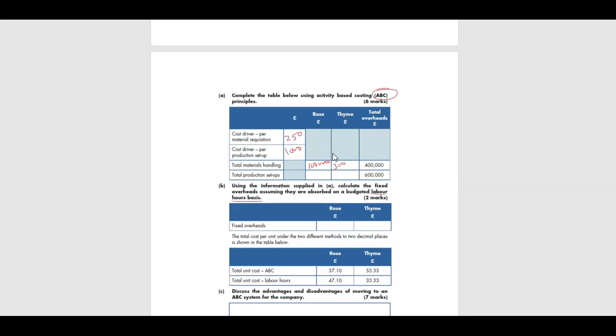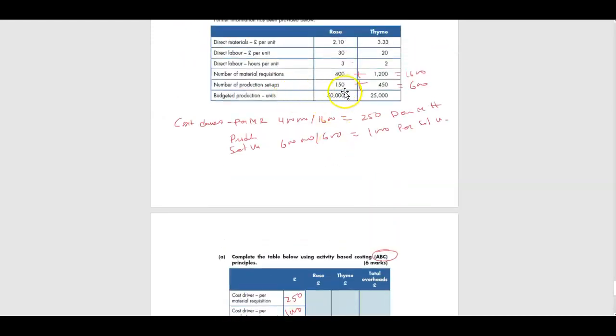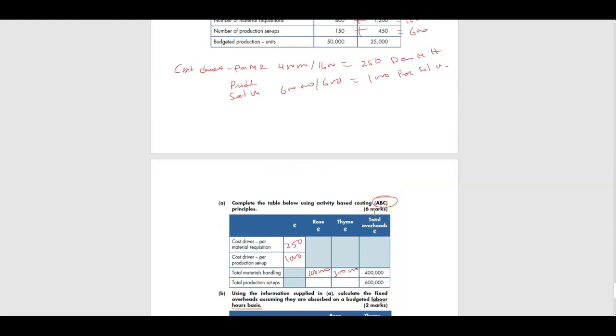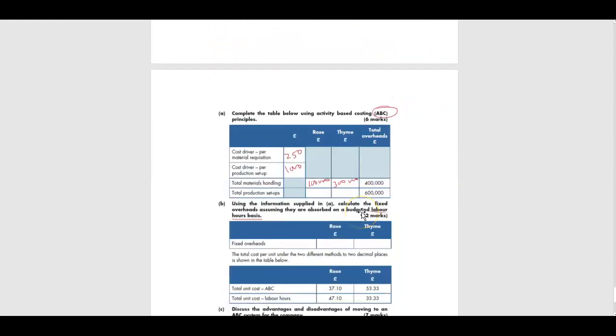We need 150 setups for Rose and 450 for Theme. So 1000 times 150 gives you 150,000, and 1000 times 450 gives 450,000, and the total is 600,000. So that's how we calculate the activity based costing for the cost driver.